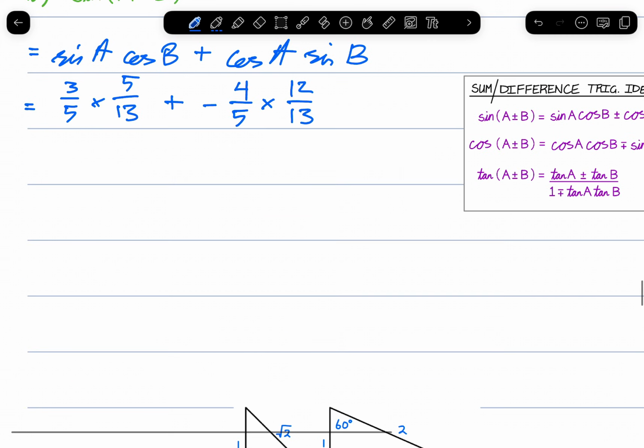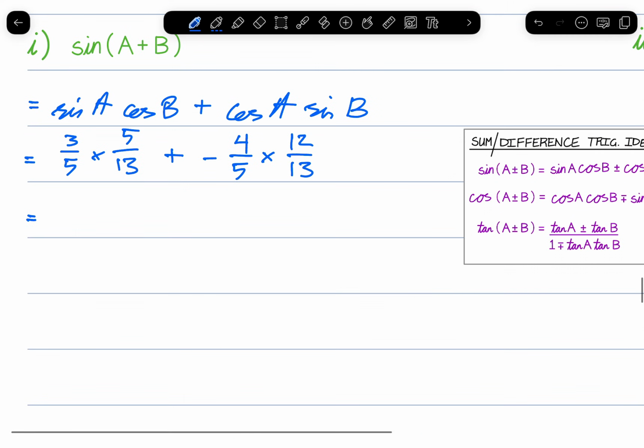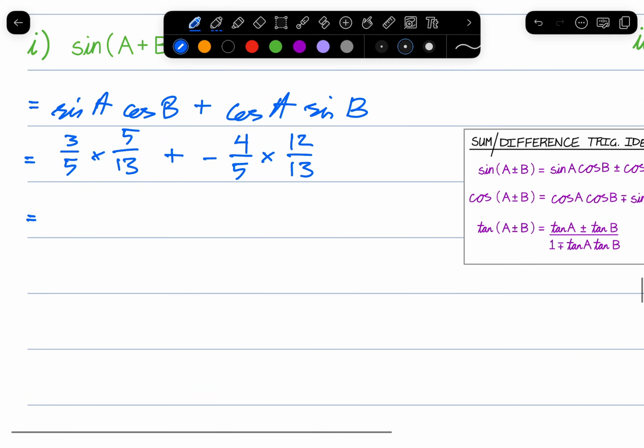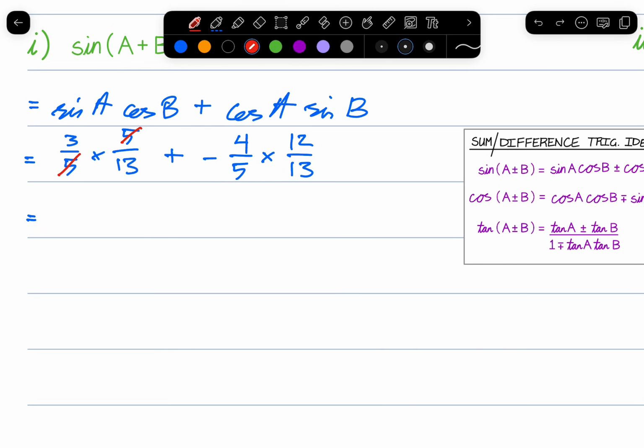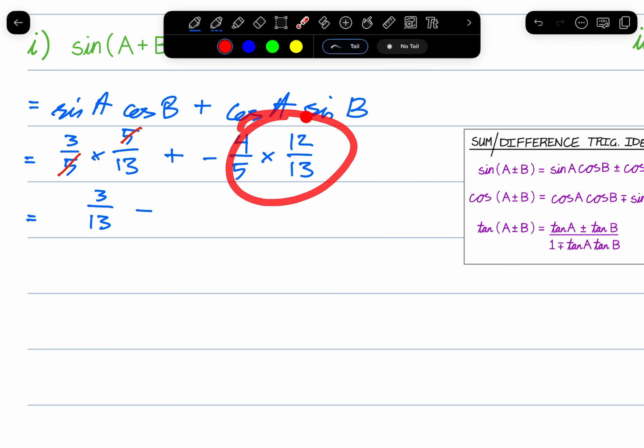Well, from here, we simply simplify, keeping everything in exact form. The 5's cancel here. Just looking closer to here if there's anything that can cancel. Doesn't seem like I can find any here. So this simply becomes 3 on 13 minus, just multiplying these two fractions straight into my calculator, 4/5 times 12 on 13.